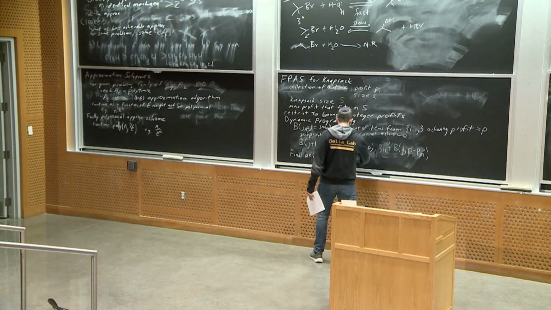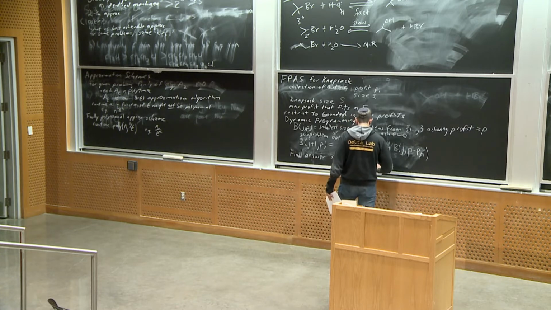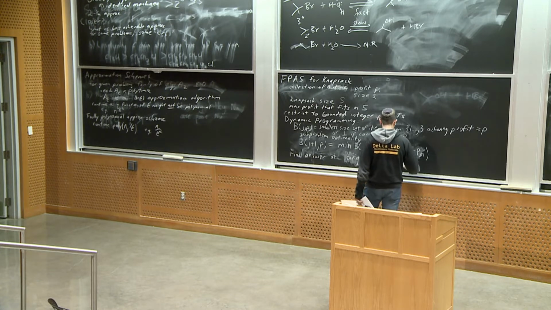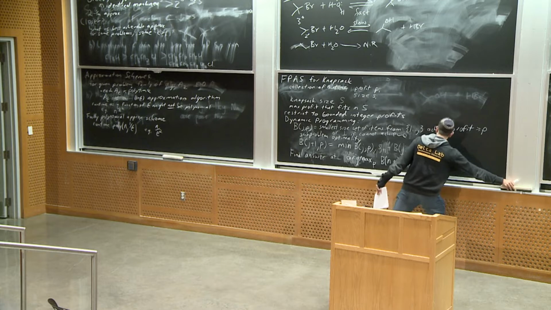Let's see, how do I say this? It's actually an argmax. So we want to take the argmax over p of b of np. Sorry, my notation is going to be silly here, but such that... no, let me be more precise about this.